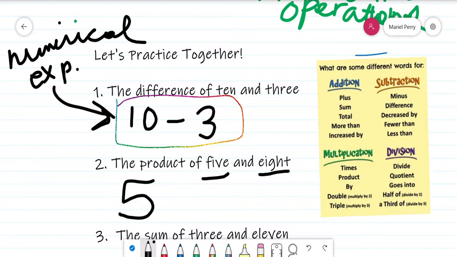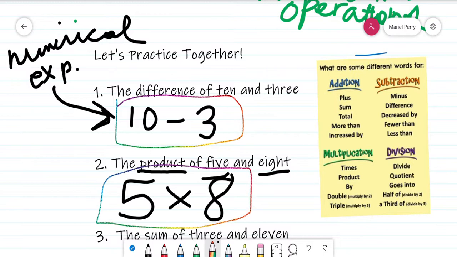And it gives me the type of operation that they're doing together, multiplied by 8. That, my friends, deserves a glitter pen because that is our answer. That is our numerical expression. That's what we are creating. We are literally creating expressions. We are not solving. We are simply writing numbers and operations.